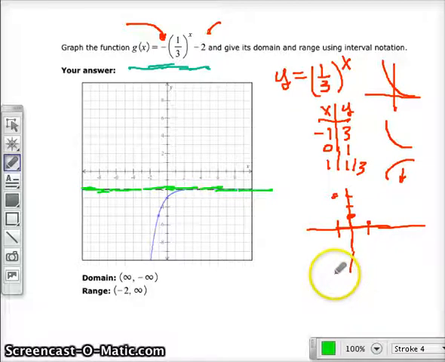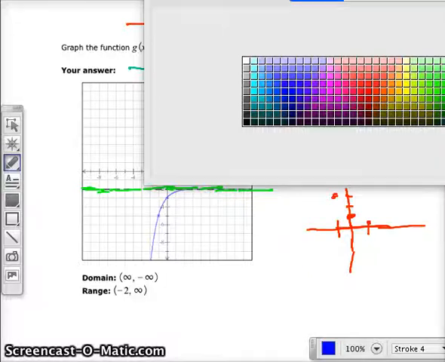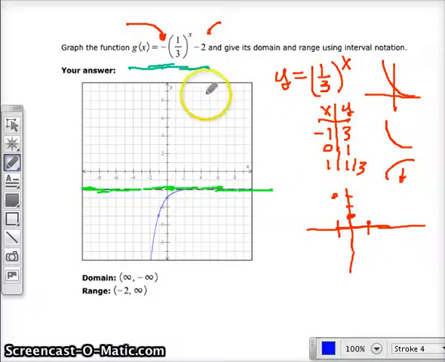Now, what we're going to have to do is take our points. Remember what those points were. -1, 3, 0, 1, and 1, 1/3. We are going to have to flip them over the y-axis and then move them down 2. So I'm going to take this, reflect it, and move it down 2.